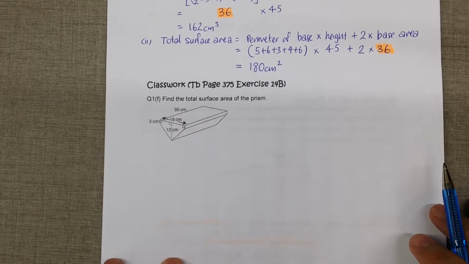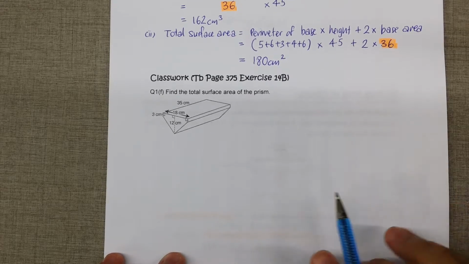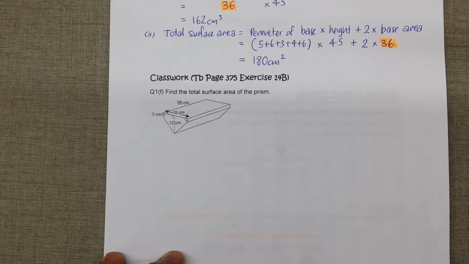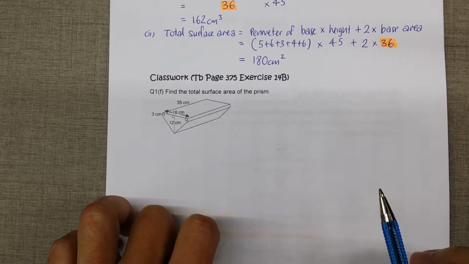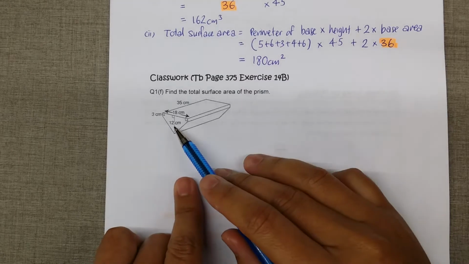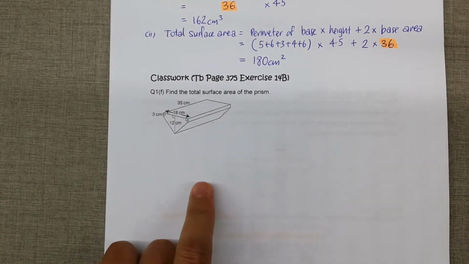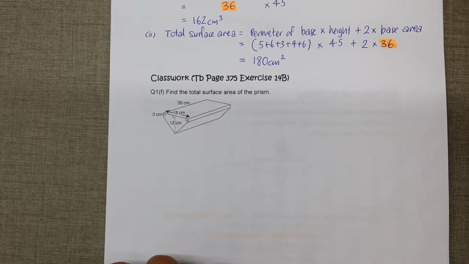Alright, let's find the total surface area of the prism. Looking at the question, I think there's a typo. It should not be total surface area because I do not have enough information to find the total surface area of the cross section. So let's change the question. It should be find the volume.